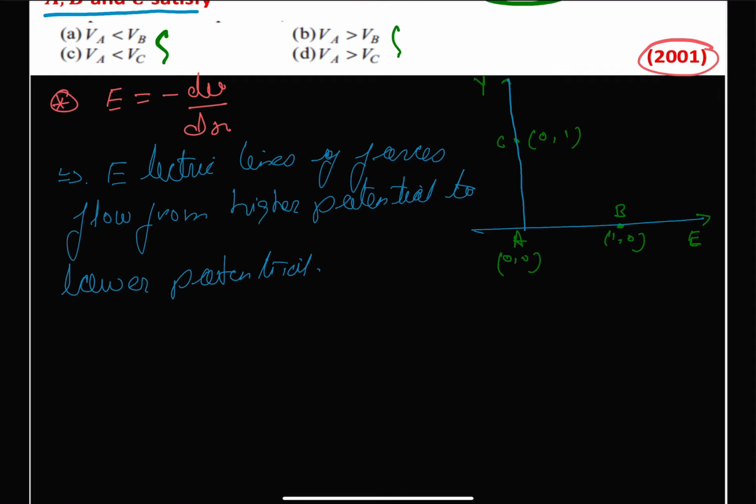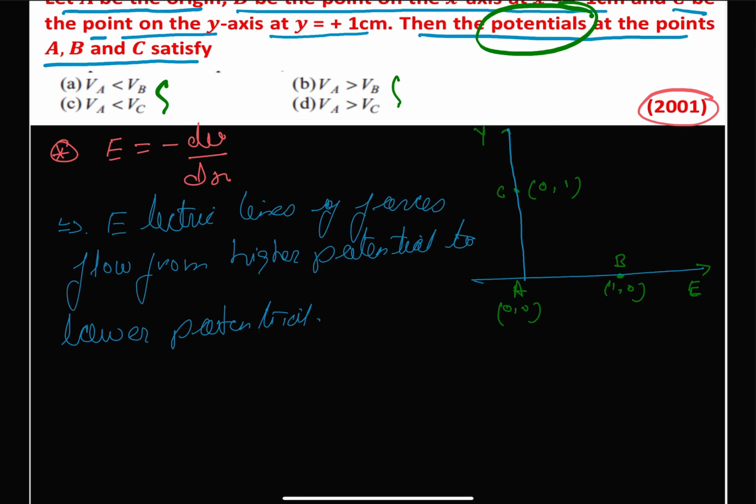And if we see this graph, we can clearly understand that point A and point C both will be at the same potential, because if we draw the equipotential lines, okay, so we can say that the potential at A will be equal to potential at C. We can say our VA is equal to VC, okay.